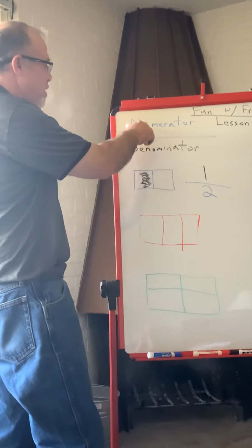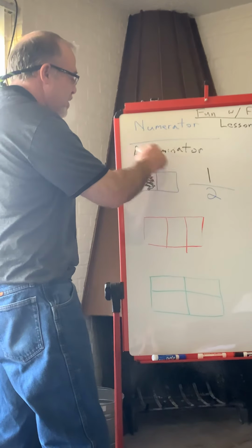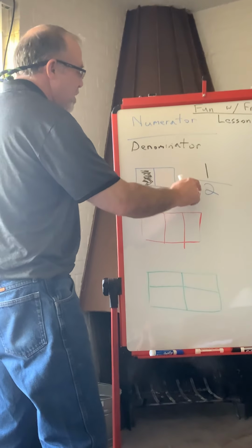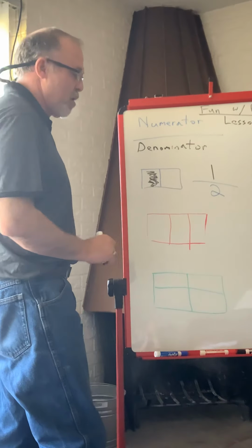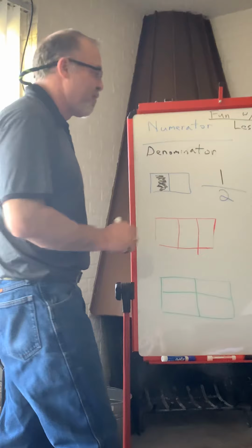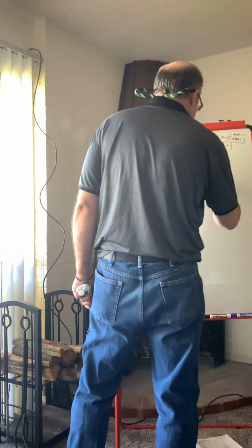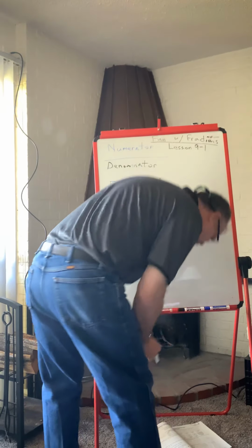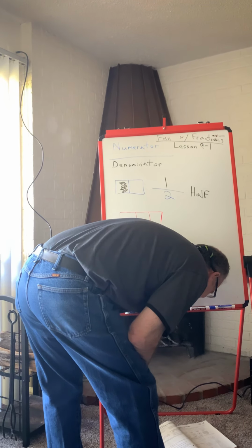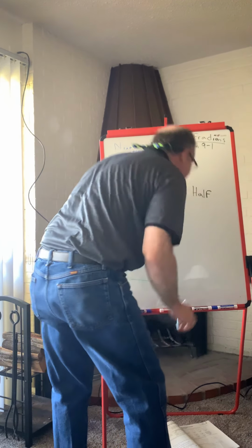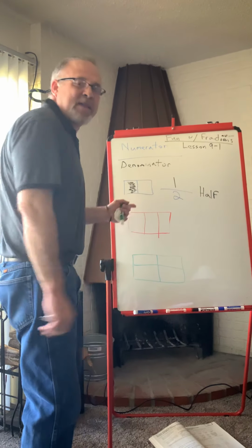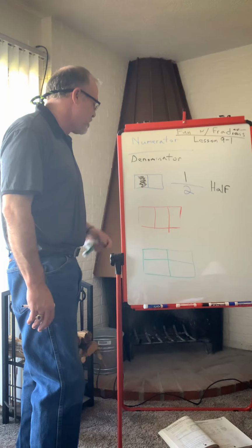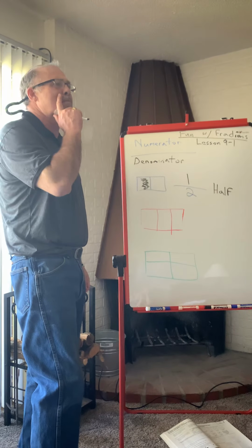So the numerator is going to be the 1, and the denominator, the bottom number, is 2. 1 over 2, or what we would call a half. Do we understand that, ladies and gentlemen? That's a half.